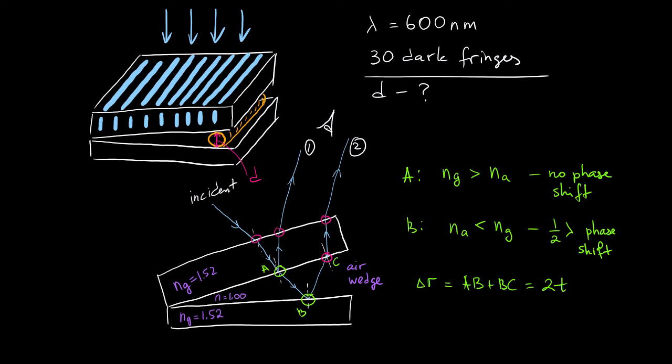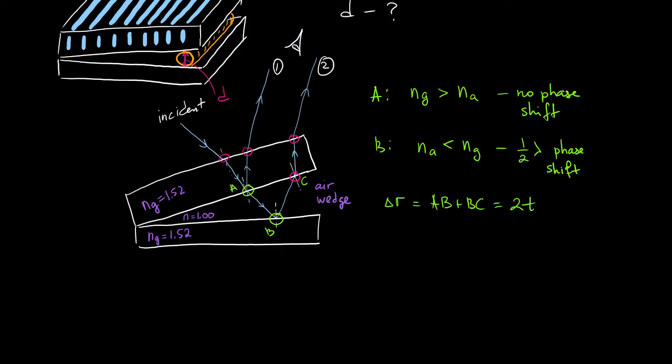Now, if I want to write the condition of destructive interference, I have to consider the path difference and the phase shift. So the path difference is 2t plus 1/2 lambda phase shift, which should equal, for destructive interference, m plus 1/2 lambda. If we simplify this equation, we get 2t equals m lambda.